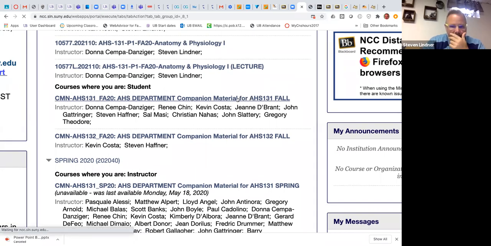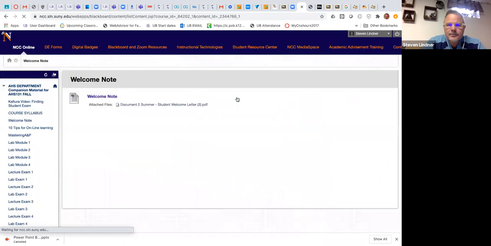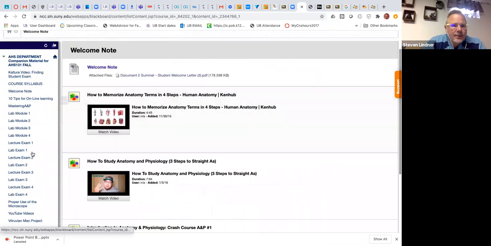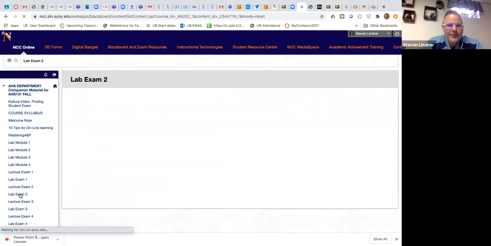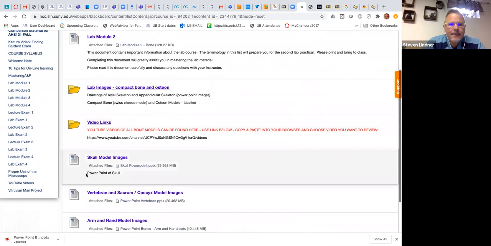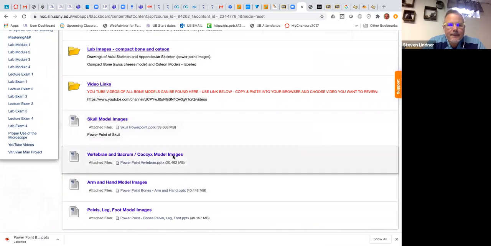If you click on that, and then we click on lab exam 2 on the left, let's look at arm and hand model images. Let's see if this is it. Looks like they changed it around a tad bit, but let's take a look.